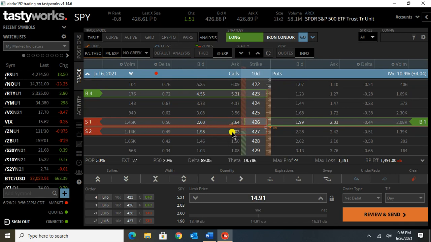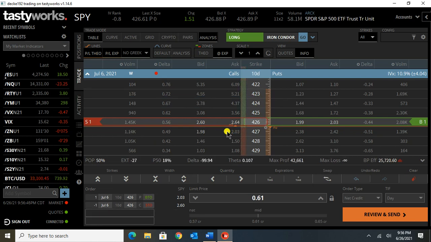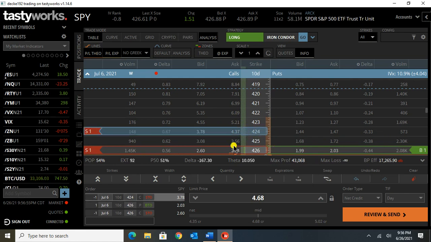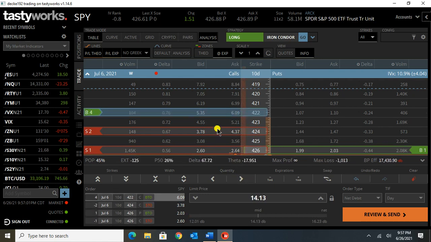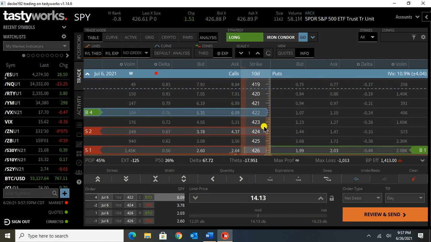The other alternative you could do is, let's say on Thursday or Friday, the market moves down to 424. What you could do is buy back this back spread. So I would delete both of these, and I would recenter a new zebra position with your short at the money. So if it goes down to 424, I would do 2 of that, and these option prices would be a little bit smaller. So maybe instead of a 427, 423, you do a $2 wide instead of a $5 wide.